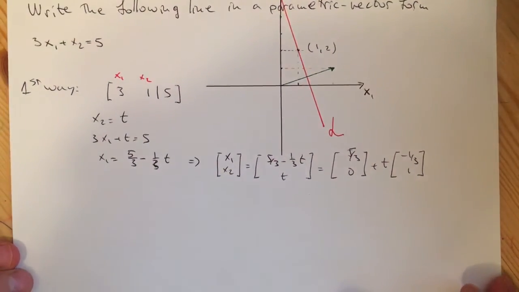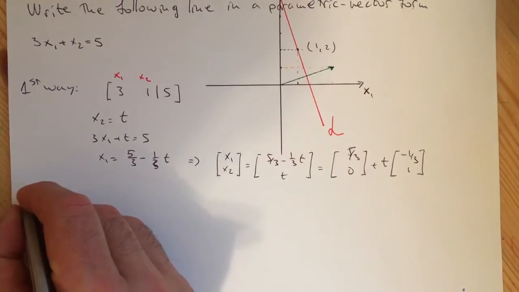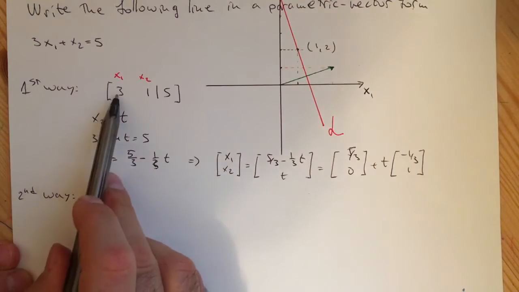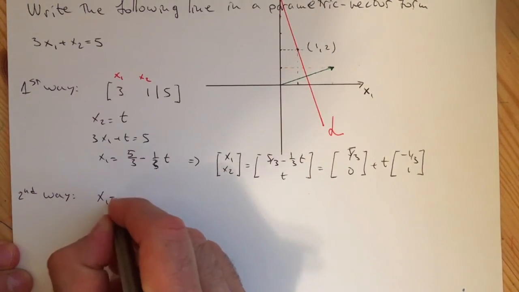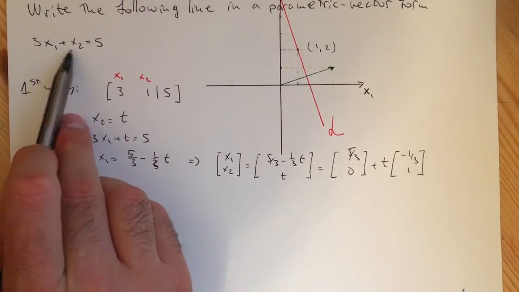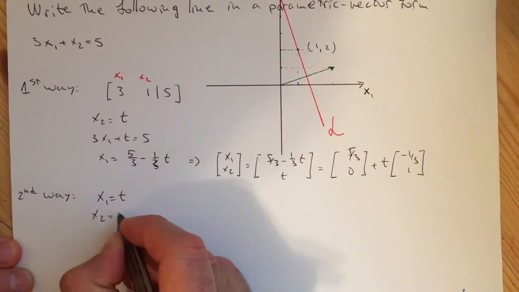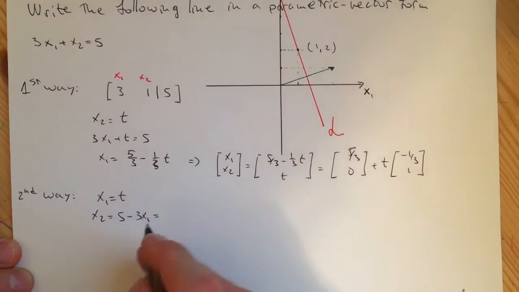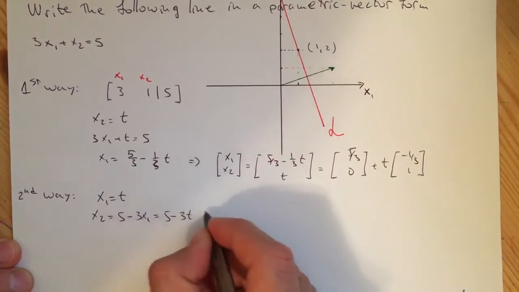Well, somebody might ask the question, well, if that's the case, can I just take x1 to be my parameter? Well, of course you can. If you take that x1 is your t, and you express x2 in terms of t, then x2 is going to be 5 minus 3x1, which in terms of our parameter becomes 5 minus 3t.